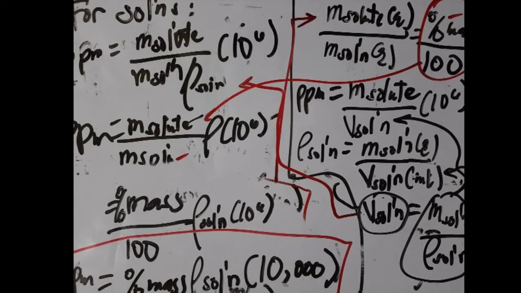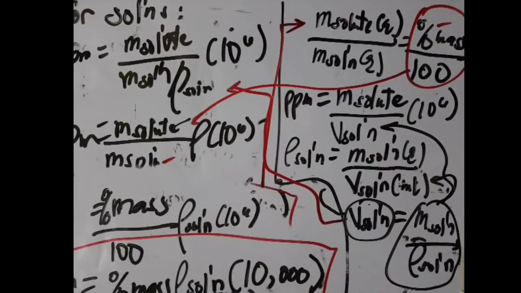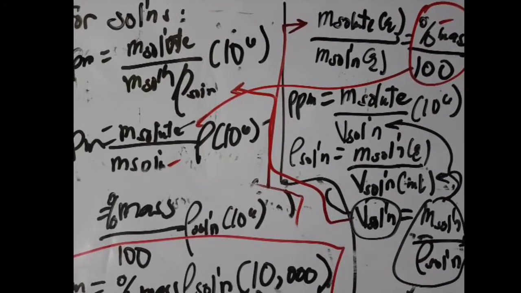I'll leave you to explore the relationships between, for example, molality and normality, molality and molarity, because from what I have discussed here, I have laid out different foundations on how to interconvert from one unit of concentration to the other. I'll leave the other interconversions for you to practice on.